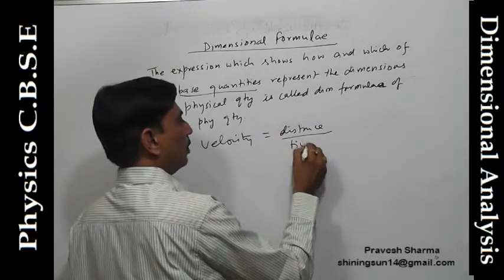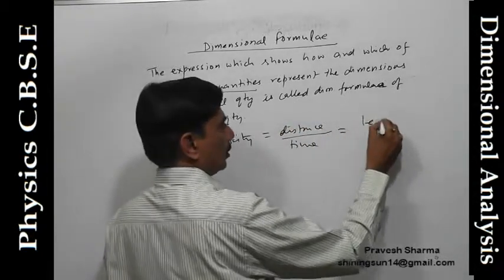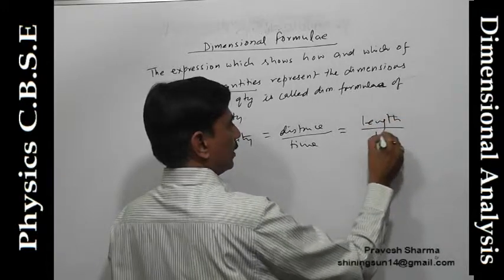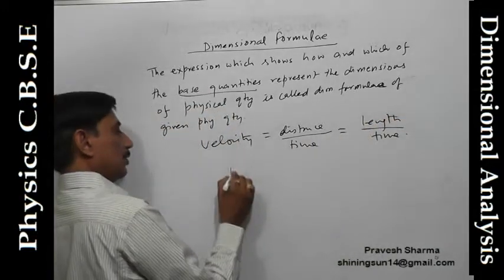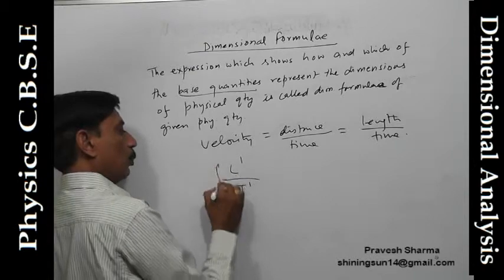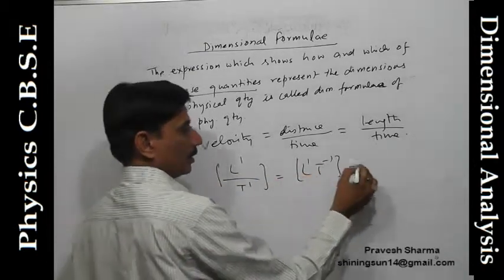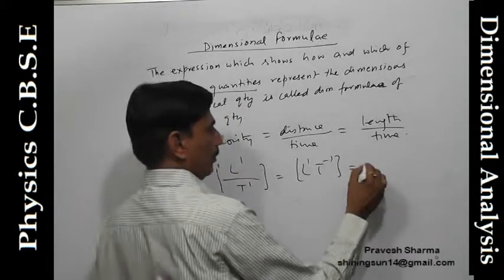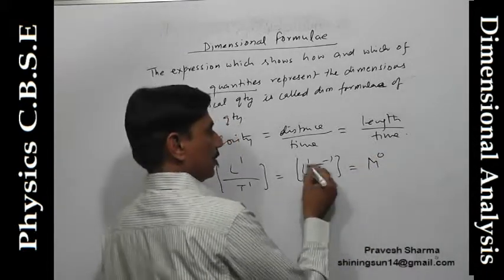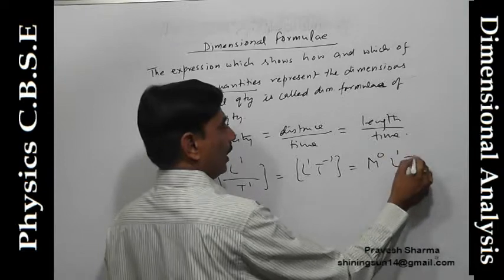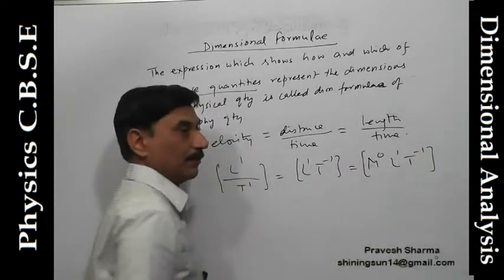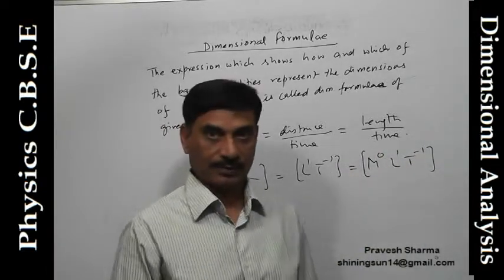Distance upon time. Distance is length only. So it is length upon time. This is L1 upon T1. This goes as L1 T minus 1. Or a better representation is M0, there is no M, M0 L1 T minus 1. That is the dimensional formula for velocity.